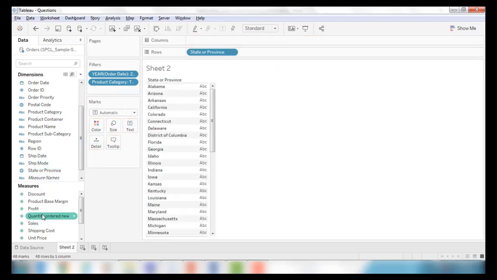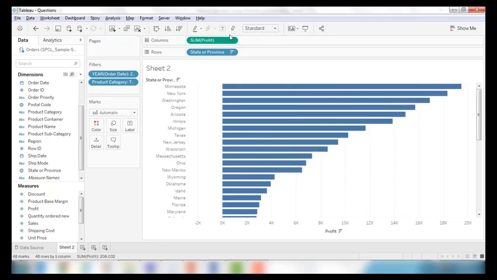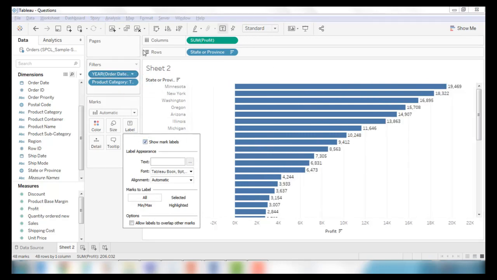And if we go with the profit, we need to find the states or the provinces which have negative profit. We can find that by simply putting the descending order.